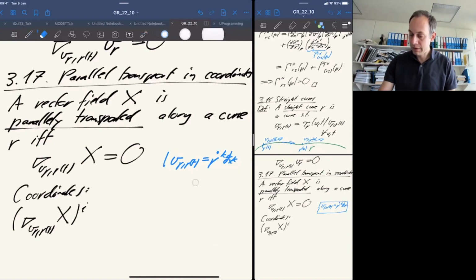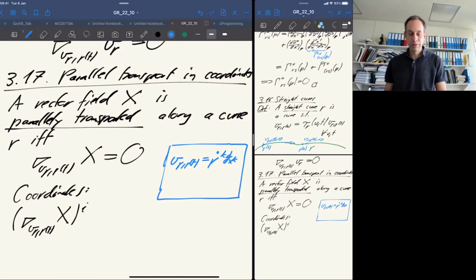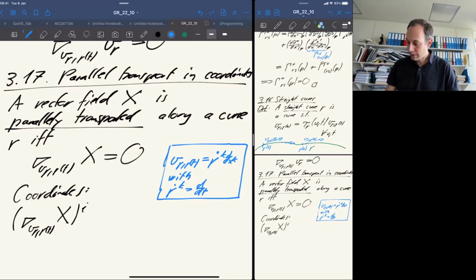I think I already introduced this gamma dot notation at some point. And we have shown that this equality holds if we define gamma dot^k just as d/dt of gamma^k(t). So that's a very intuitive thing.